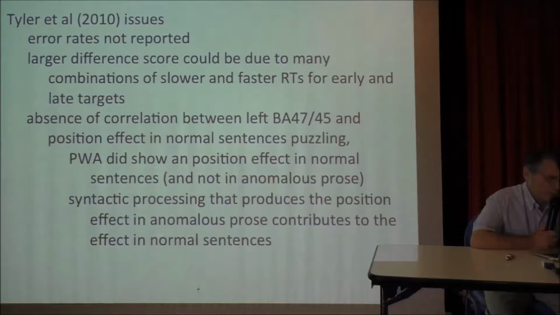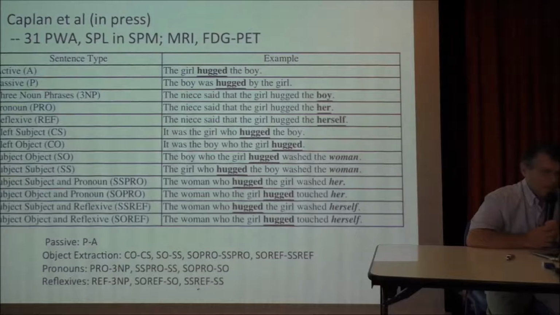The absence of a correlation between lesion size in these areas and the position effect in normal sentences is puzzling, partly because these patients did show a position effect in normal sentences and not in the anomalous prose where the correlation was found. And secondly, the syntactic processing that produces the position effect in anomalous prose contributes to the position effect in normal sentences. So we would have expected it there, but they didn't find it.